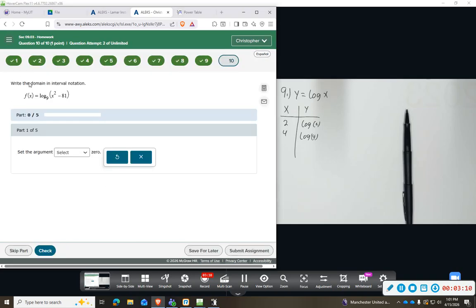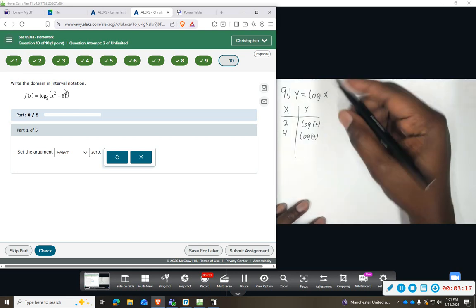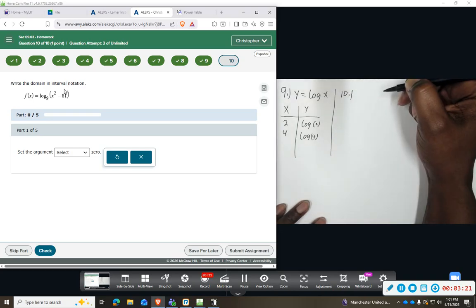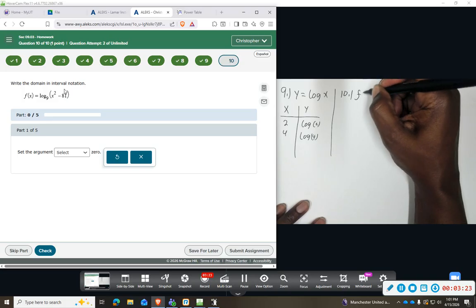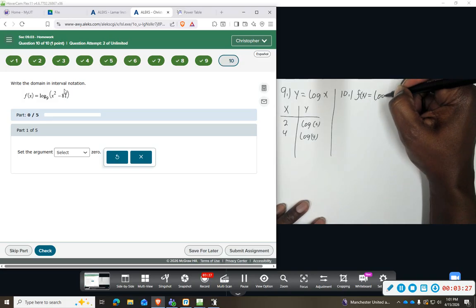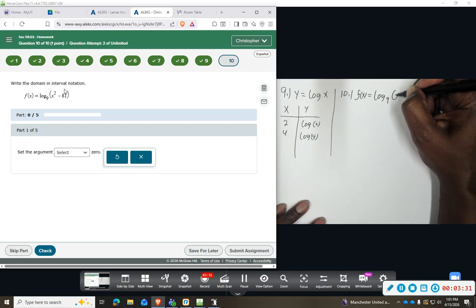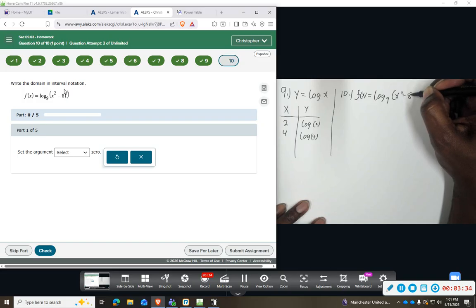And then number 10, we want to write the domain in interval notation. We are given f of x equals log base 9 of x squared minus 81.